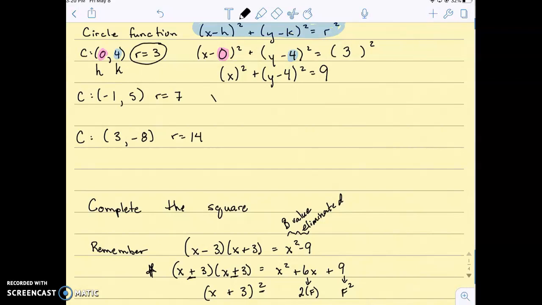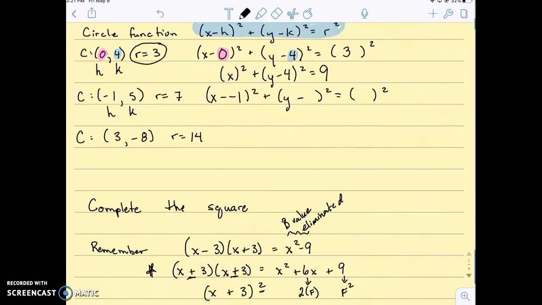Set up your skeleton first. Label H and K. So H is a negative term. So in my formula here, x minus, I'm going to substitute in -1.